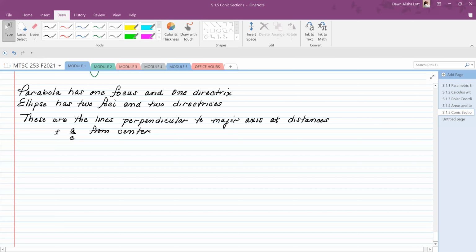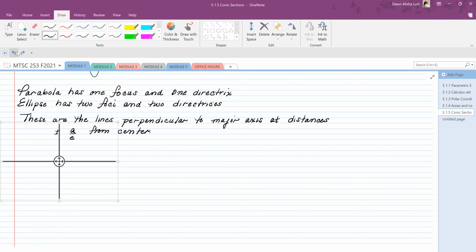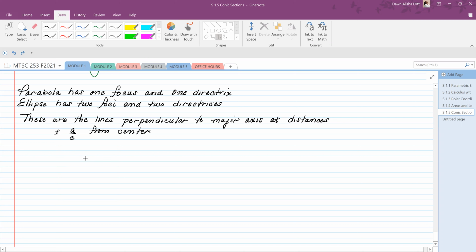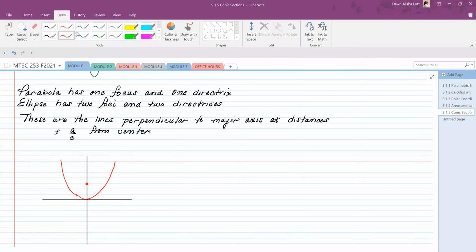So if you remember, let's go back just for a brief moment. So when we had the parabola, we drew our parabola as such. And then this was our focus. And then our directrix was down here.